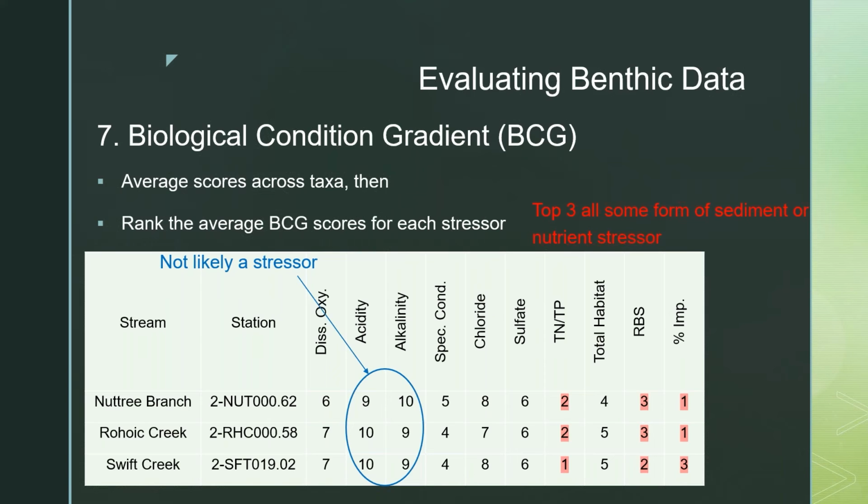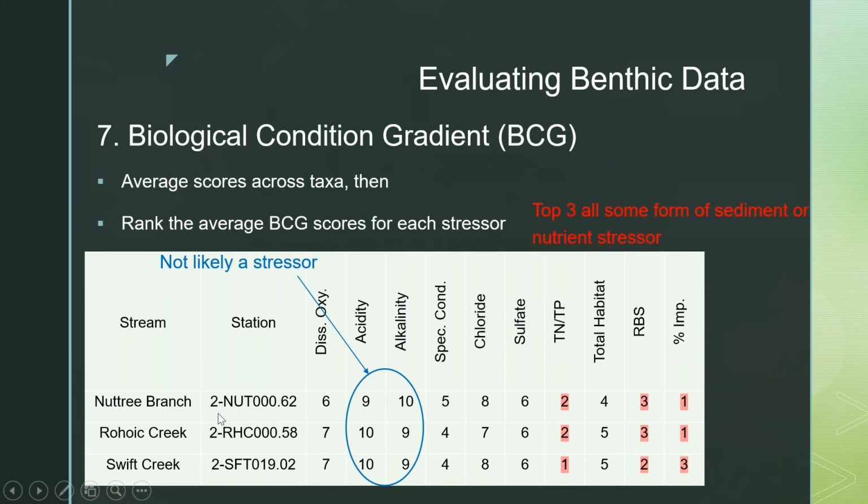So what does this tell us? This is really great, because if we look across these different stressors, here are a couple that probably are not likely to be stressors. They ranked as the lowest average across all taxa for those stations. Some are in the middle, but here are numbers 1, 2, and 3.